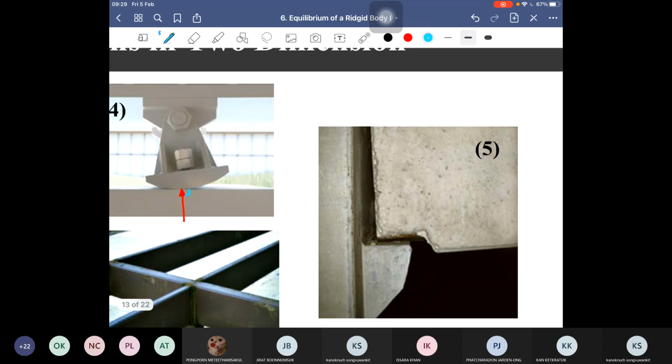Okay, so in this class, we will assume that all supports have a smooth surface in order to get rid of the friction. So it's considered as no friction at all.